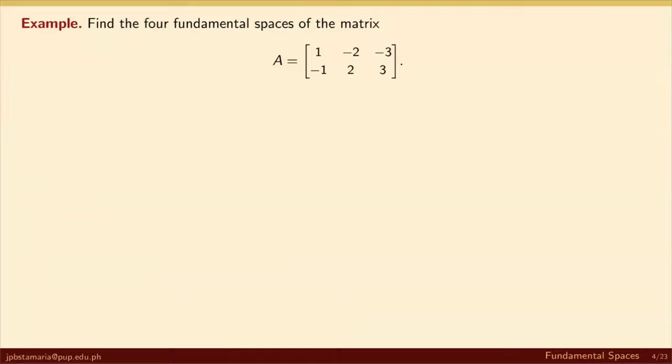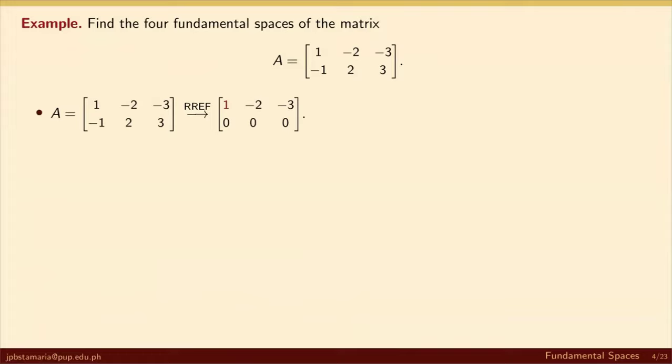So find the four fundamental spaces of the matrix A as you can see. As you can tell, the matrix A is quite special, simply because upon observation you can see that both the second row and the third row are just multiples of the first row. So if we do a Gauss-Jordan reduction of A, we find that the RREF is the following matrix.